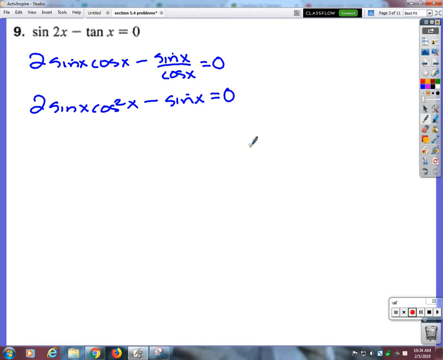Okay. What can I factor? Sine of x. So sine of x times 2 cosine squared x minus 1 equals 0. Okay? Because I just took out the sine.